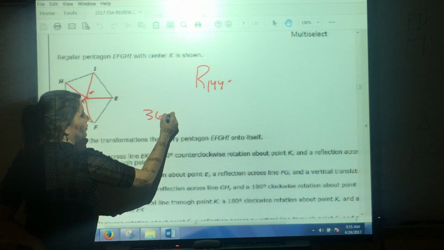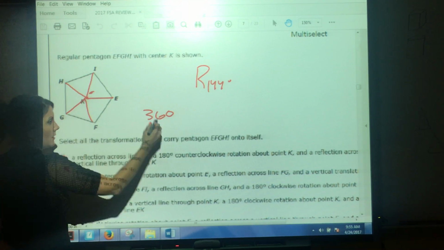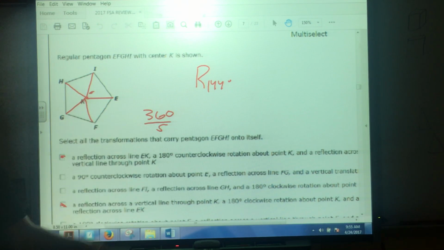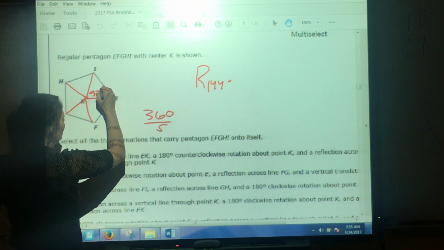To figure that out, you do 360 divided by n, which is 5. So in this case, what's the measure of one of those? Come on, y'all. 72. So this is 72 degrees.